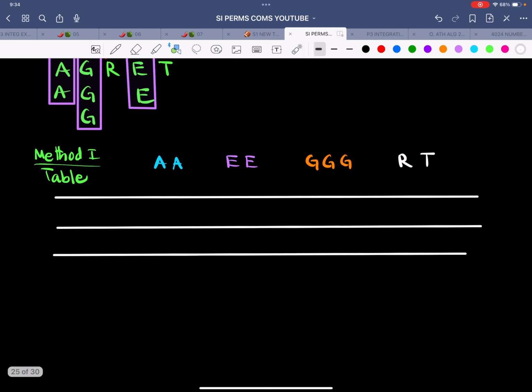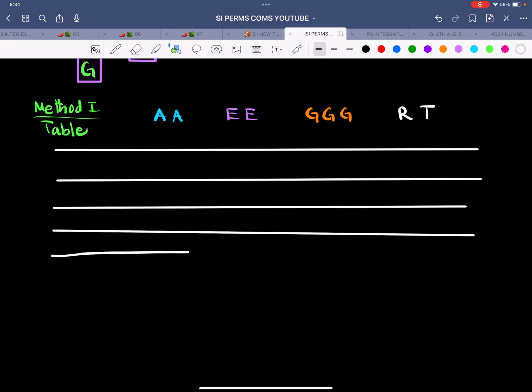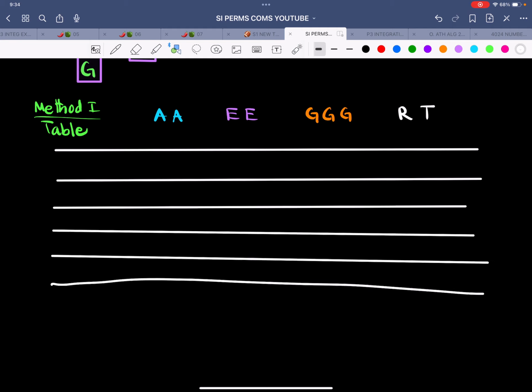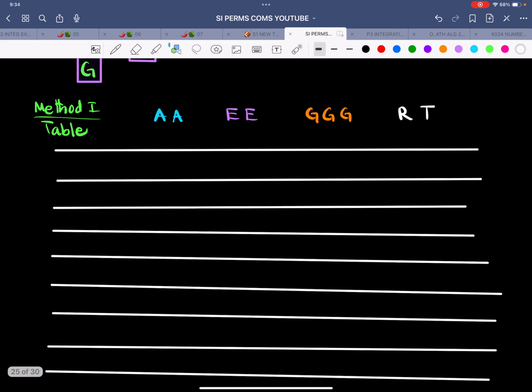So let me at least draw like 10-12 lines. I know this method is lengthy, so let me focus on this first, and then I'll explain you the other method. Okay, so far so good.